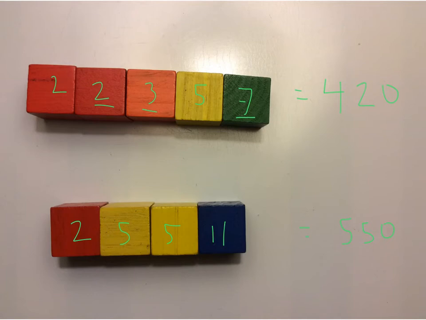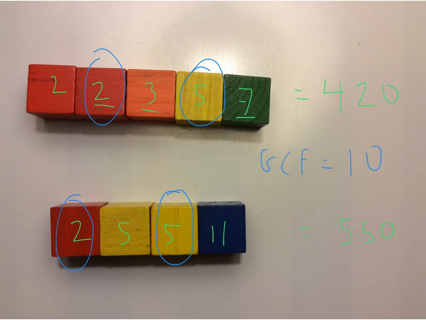Bottom number has a blue block, but the top number doesn't, so it doesn't have that in common. They both have 1 yellow in common, so you can take that out, and they both have 1 red in common that you can take out. So I think the greatest common factor of these two numbers would be 10. Do you guys get that?